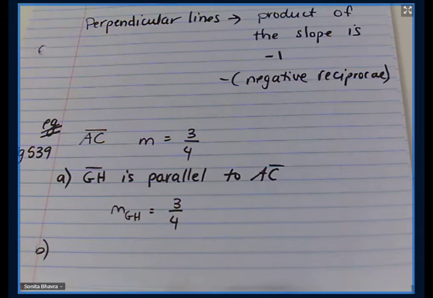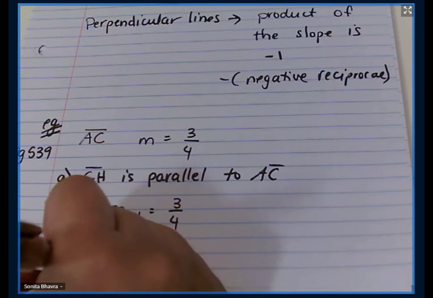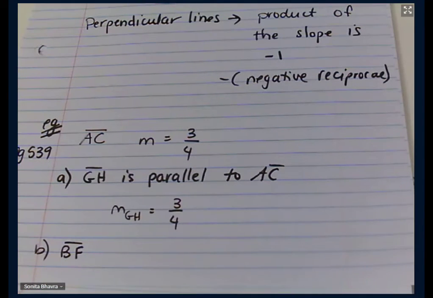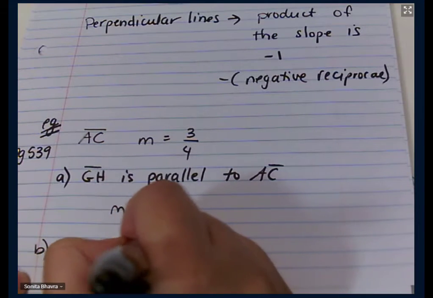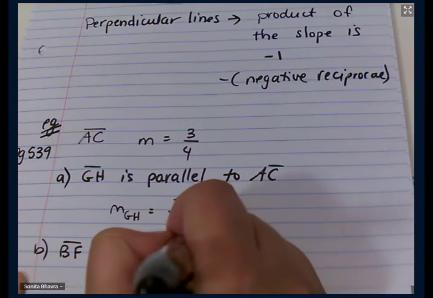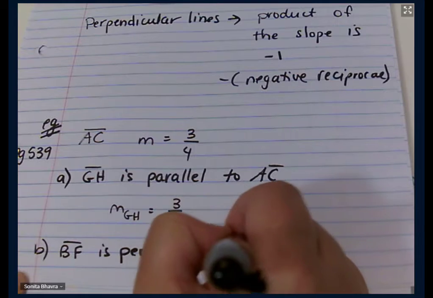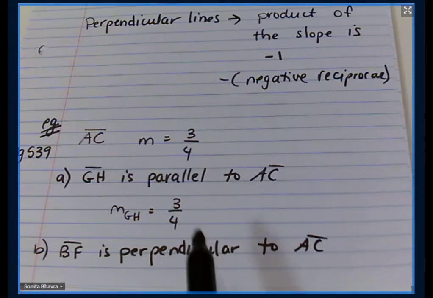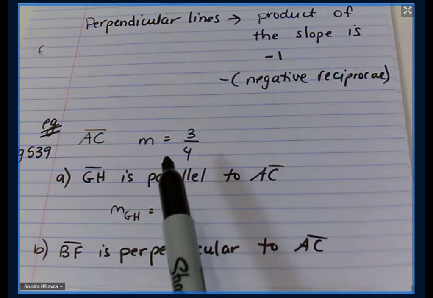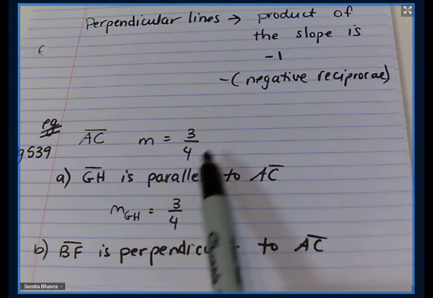Okay, part B: write the slope of the line segment BF, which is perpendicular to AC. All right, so our slope for AC was 3/4.